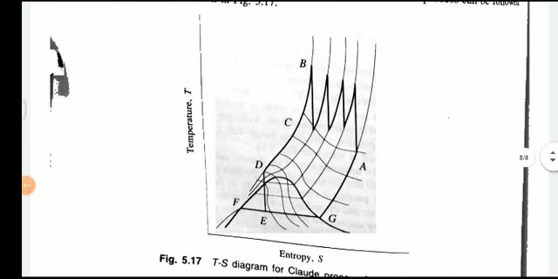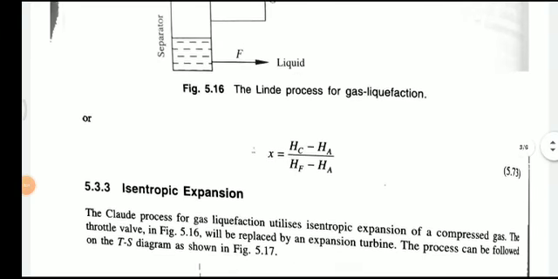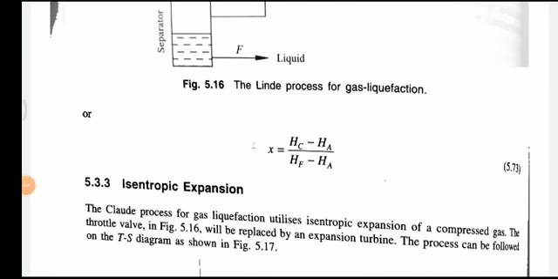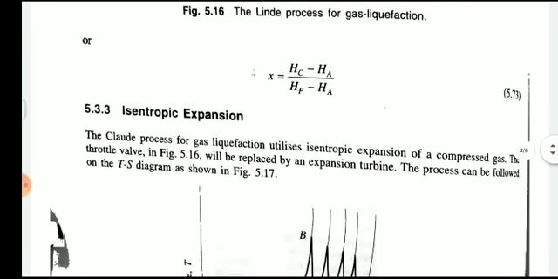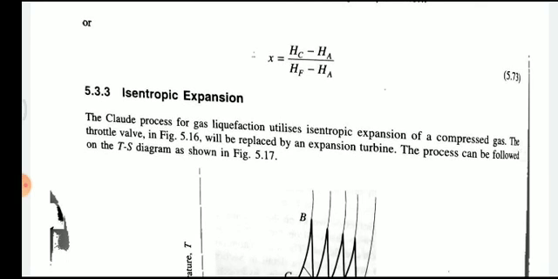Here the temperature versus entropy graph is given, which contains the points A, B, C, D, E, F, G. The Claude process for gas liquefaction utilizes isentropic expansion of a compressed gas; the throttle valve shown in the figure will be replaced by an expansion turbine, and the process can be followed on the TS diagram as shown in the figure.